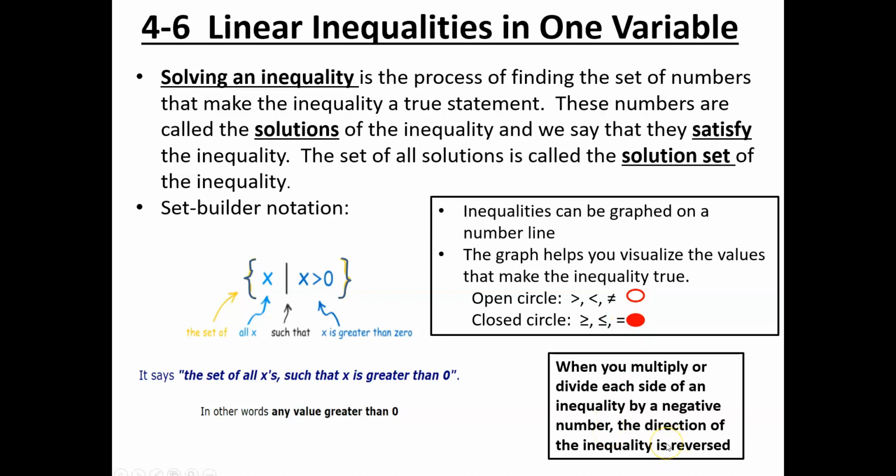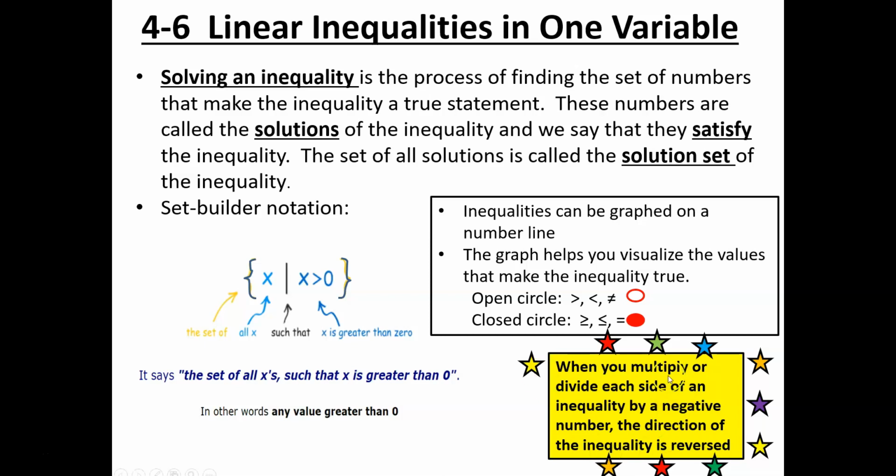When you multiply or divide each side of an inequality by a negative number, the direction of the inequality is reversed. This is a super important thing to know, so perhaps you should highlight it. Okay, maybe a couple stars. When you multiply or divide each side of an inequality by a negative number, the direction of the inequality is reversed.